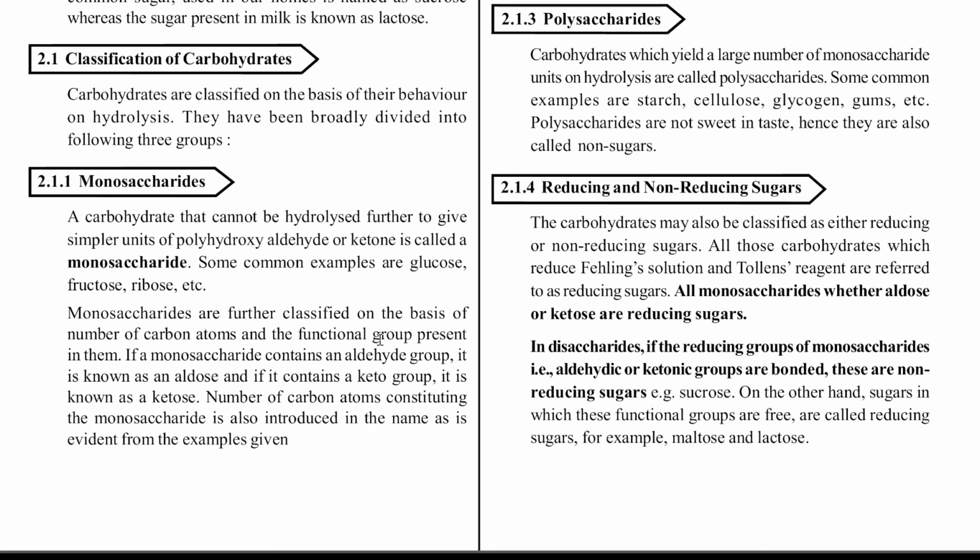Monosaccharides are further classified on the basis of the number of carbon atoms and the functional group present within them. If a monosaccharide contains an aldehyde group, it is known as aldose, and if it contains a keto group, it is known as ketose. The number of carbon atoms constituting the monosaccharide is also introduced in the name.